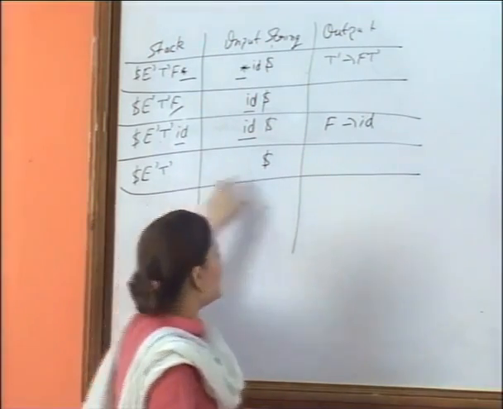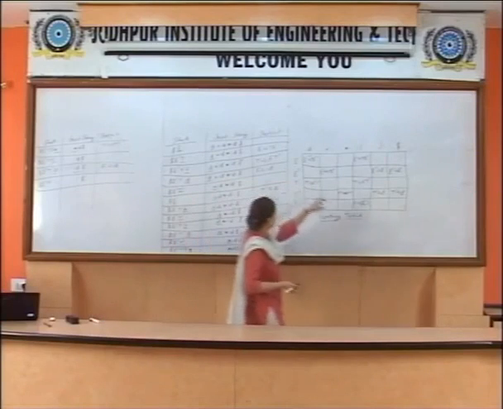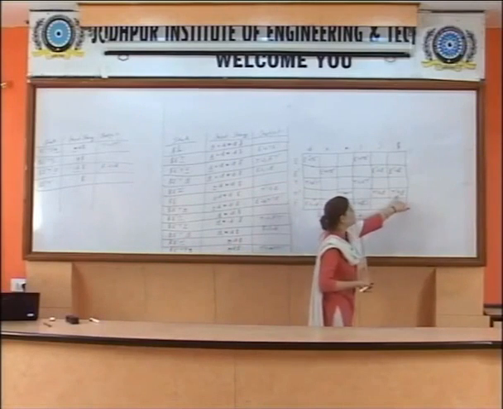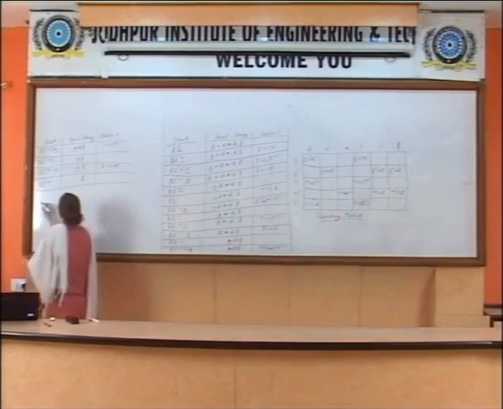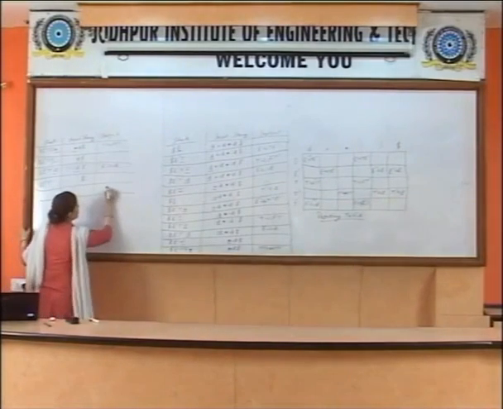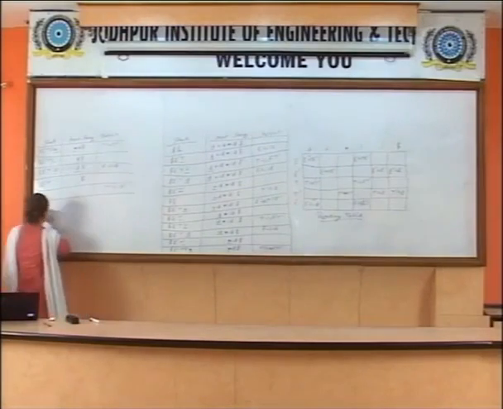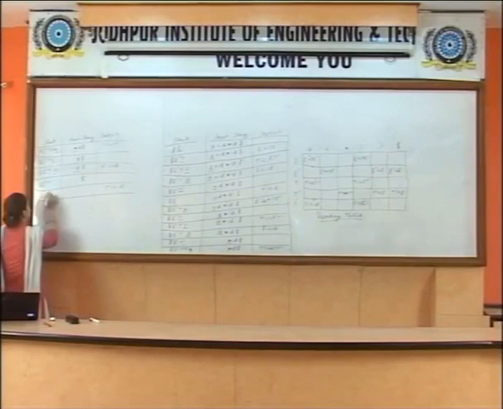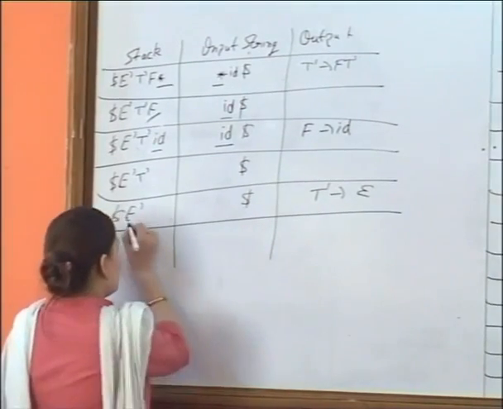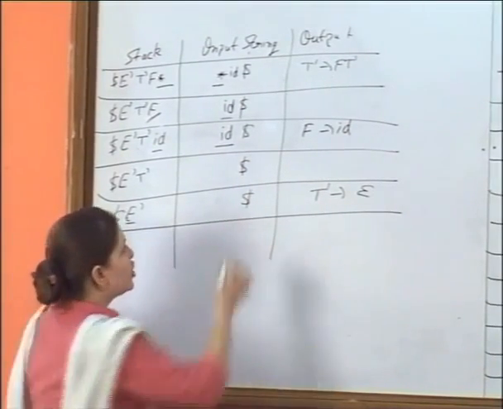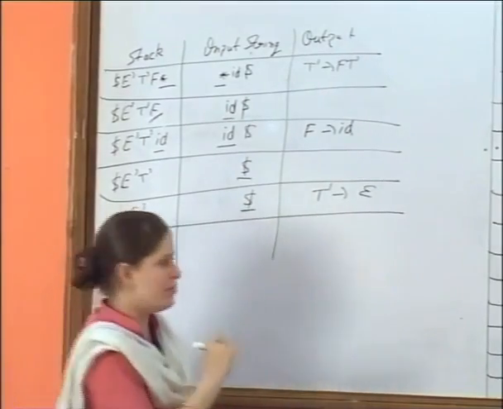So for this T dash and end marker, we have the production T dash to null. That means T dash null, dollar E dash end marker. Now for this E dash, again search for this end marker symbol.